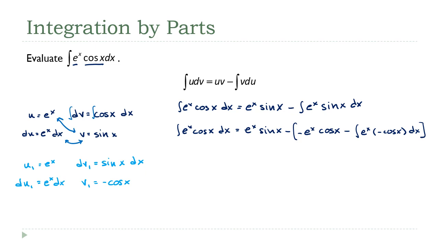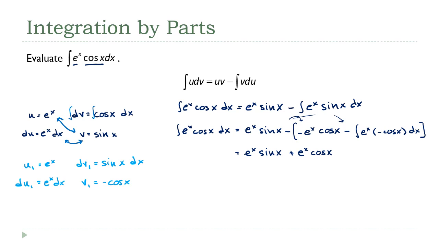All right, now the first thing I'm going to do is straighten out all these negative signs. So this is e to the x sine x. If I distribute this minus sign, this becomes plus e to the x cosine of x. And if I distribute it over here, now we've got three.